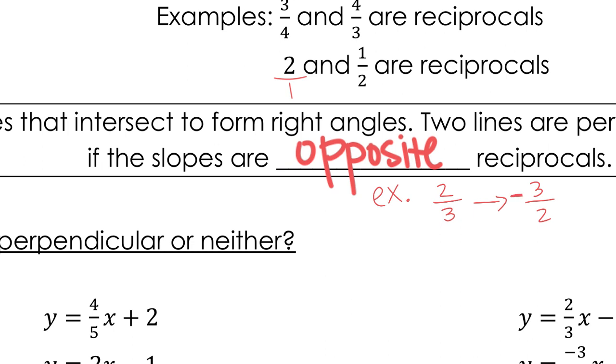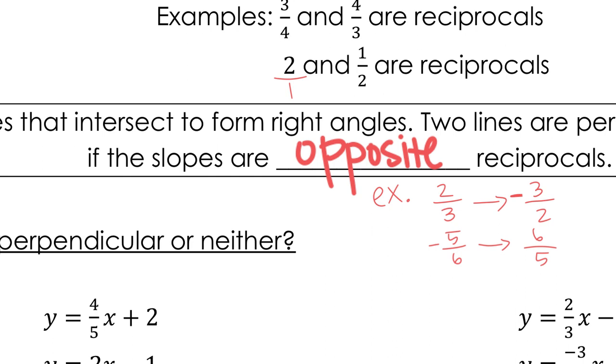Let's do one more example of an opposite reciprocal. So if we started with a negative 5 over 6, the reciprocal would flip that fraction upside down to be 6 over 5. And since it was a negative, it's going to become a positive, opposite.